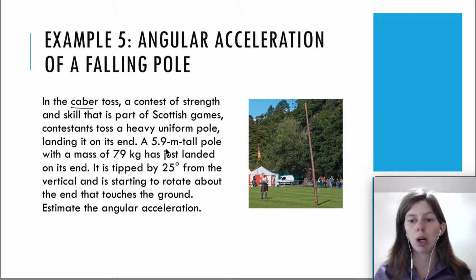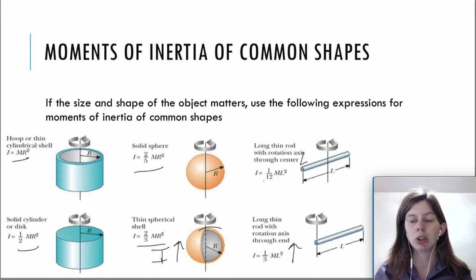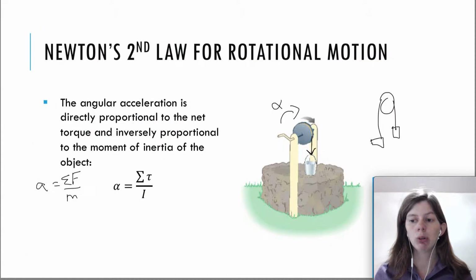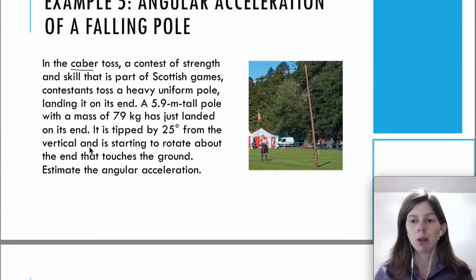So this is a rod that is being rotated about the end. If we go back to the equations that we just saw, that means that the moment of inertia is going to be 1/3 ml squared, which applies for a rod being rotated about the end. So this is how you use this table. Now we're ready to do this problem.